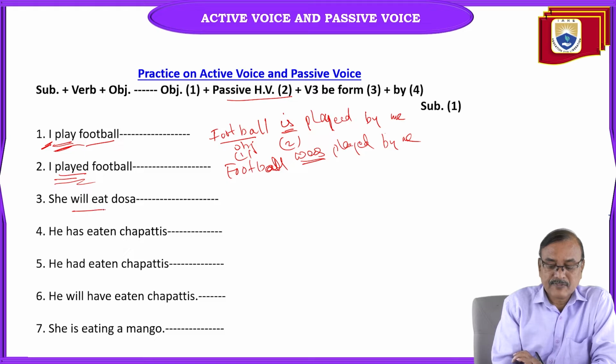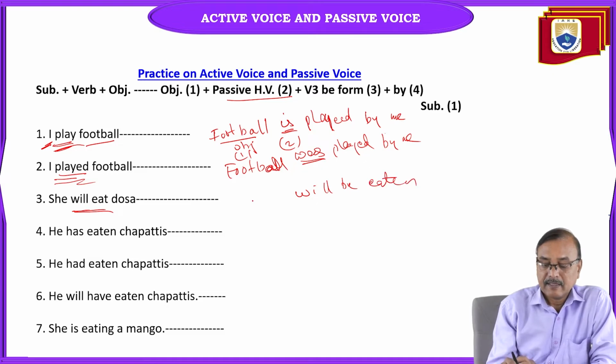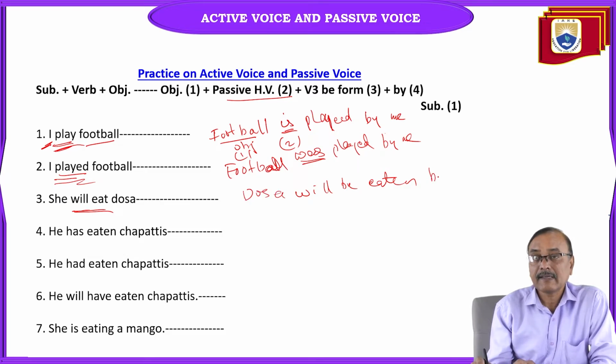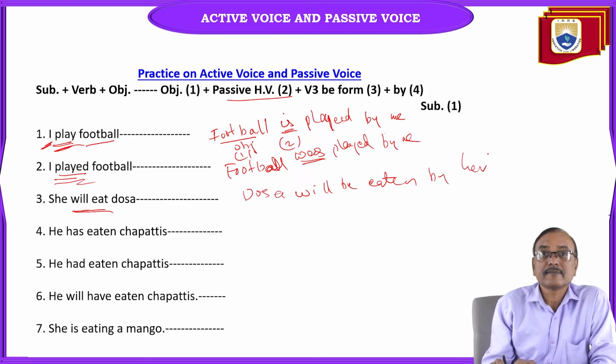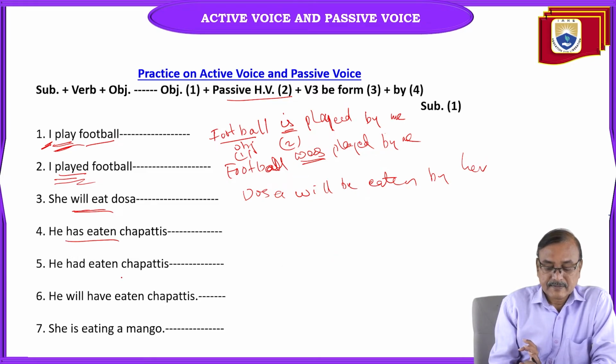If it is future tense, will eat becomes will be eaten. What will be eaten? Dosha will be eaten by her. Now perfect tense.